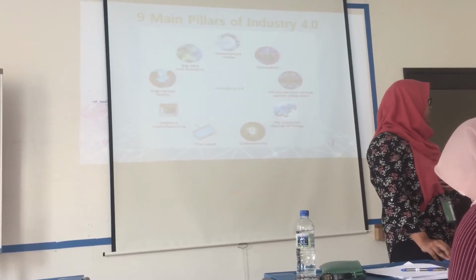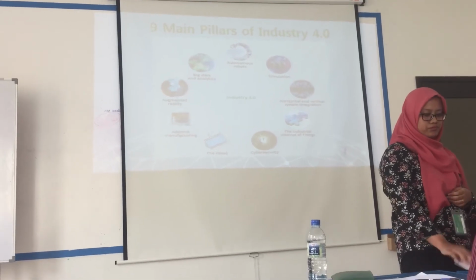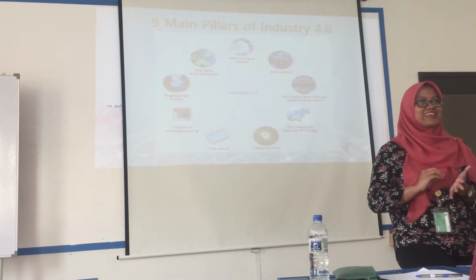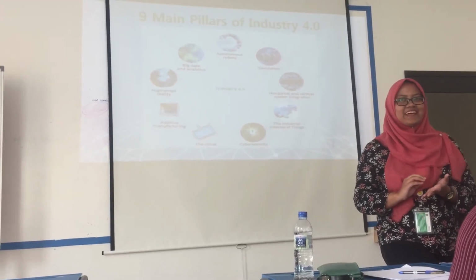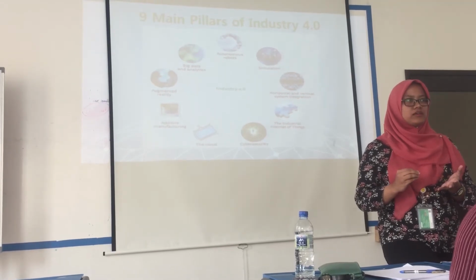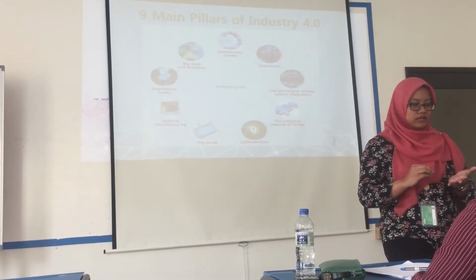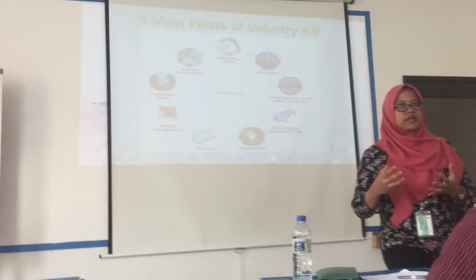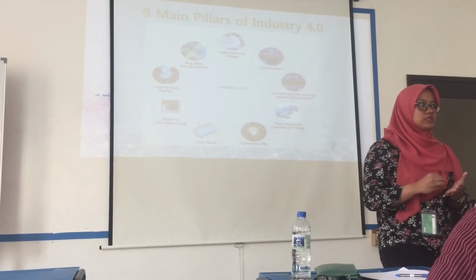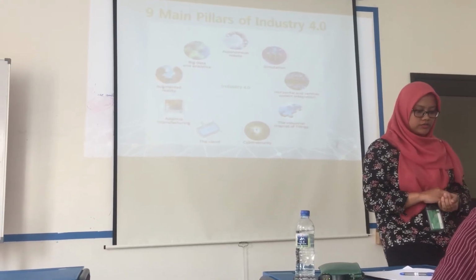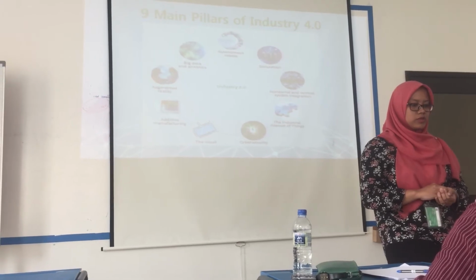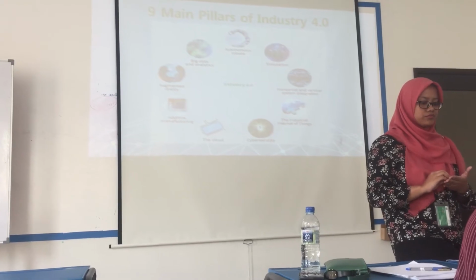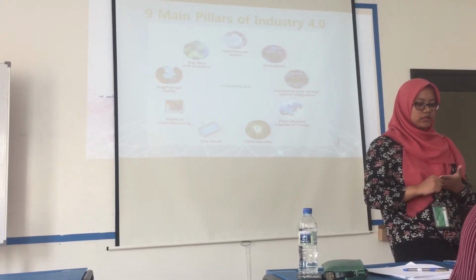Then I will explain the nine pillars of Industry 4.0. The first one is autonomous robots. As we know, humans built the robots, and the robots nowadays are smarter, and in fact the robots can do the humans' jobs.